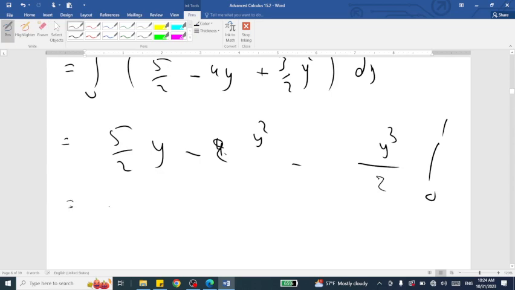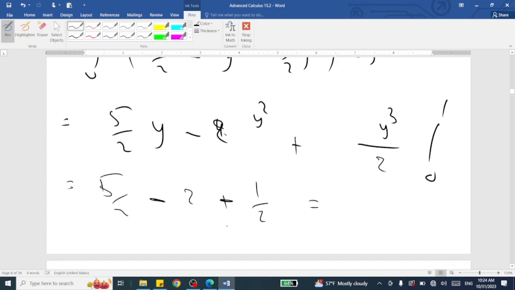Let me check. 5 over 2, 1 over 2, and y equal to what? 5 minus 4 plus 1 equal to what? 2 over 2 equal to 1.